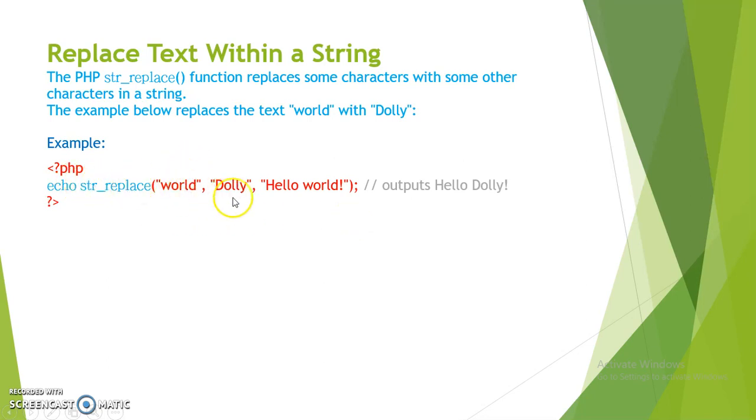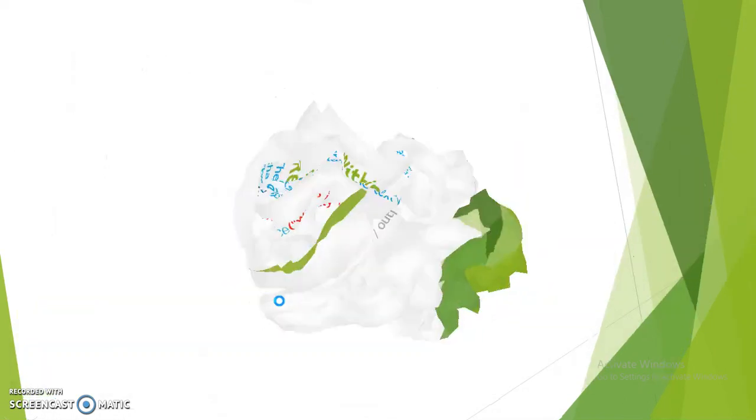You have the word dolly, hello world, and your output was hello dolly. So we are removing this. This is what we had, and this is what we are replacing it with. We just try it and then we see what happened.